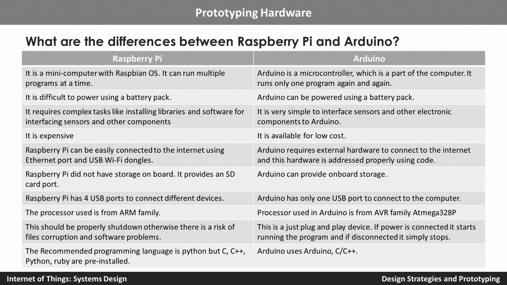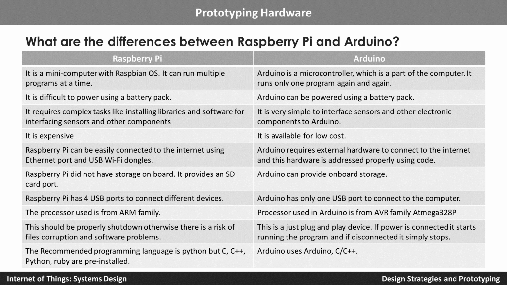Raspberry Pi is expensive, Arduino is low cost. Raspberry Pi can be easily connected to the internet using an Ethernet port or Wi-Fi dongle. Sometimes Wi-Fi is embedded in Raspberry Pi. Arduino requires external hardware, like an external shield, to connect to the internet.